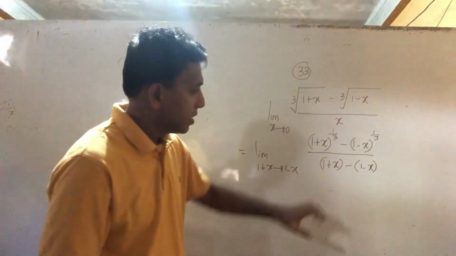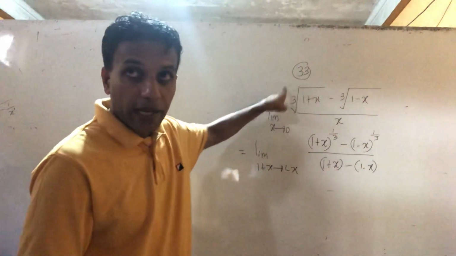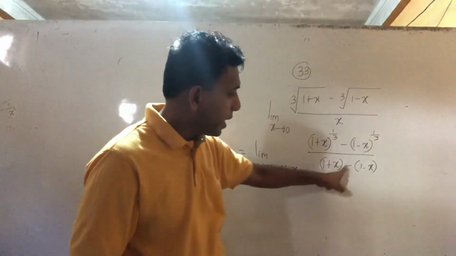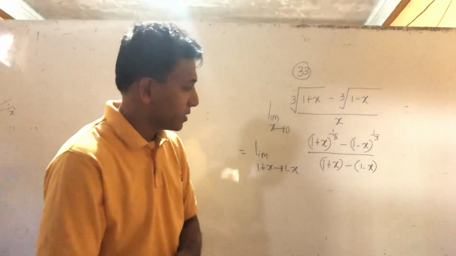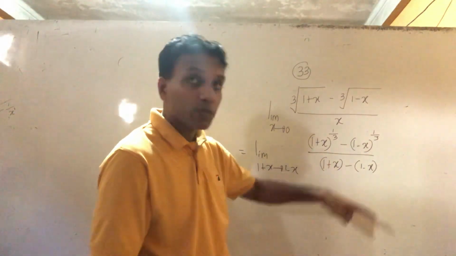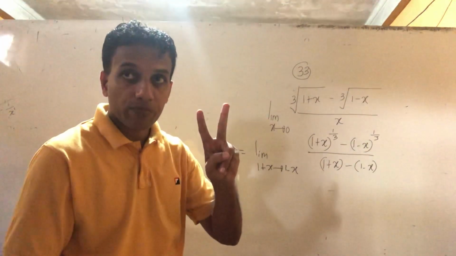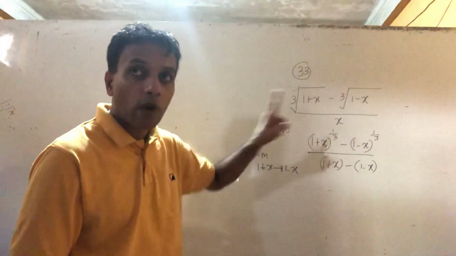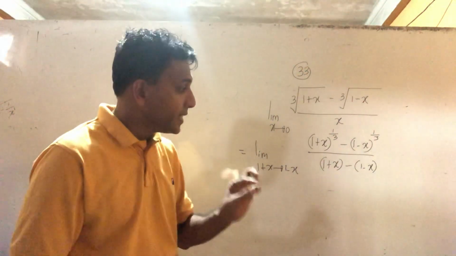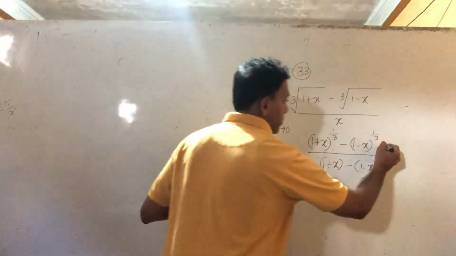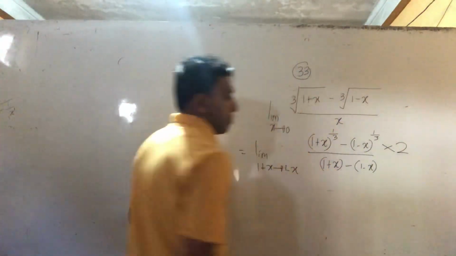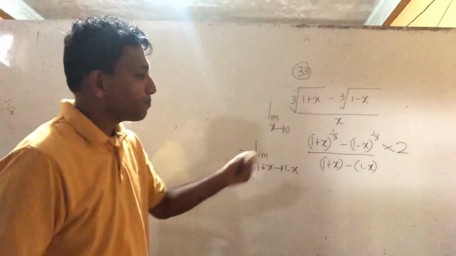So is it correct? The numerator is okay. See below, 1 minus 1 cancel, x minus minus x gives 2x. But actually in the problem it is 1x. So 2 is an additional term, so remove that. Can I multiply by 2 here? Multiply by 2 there.